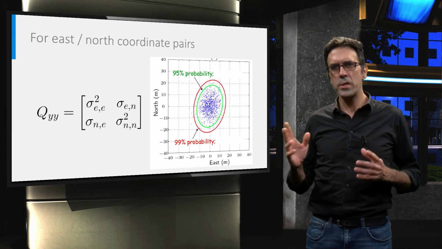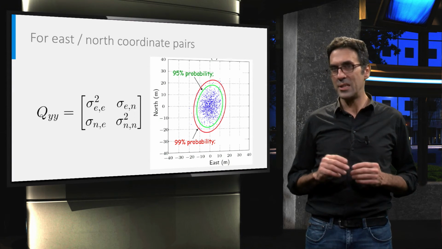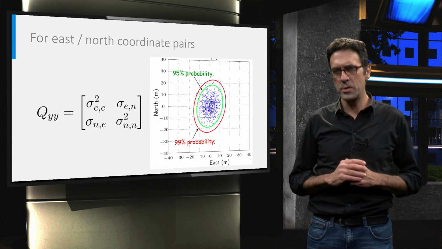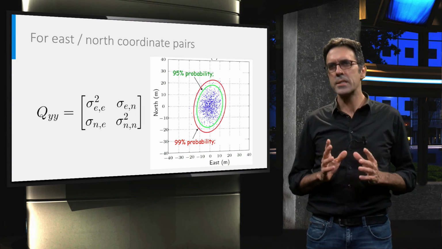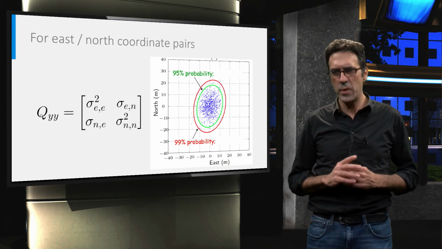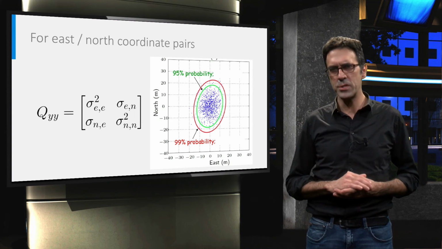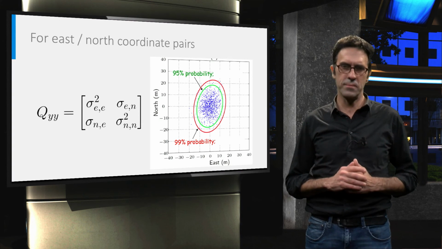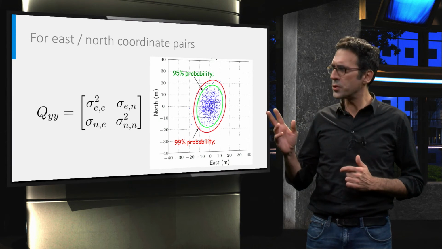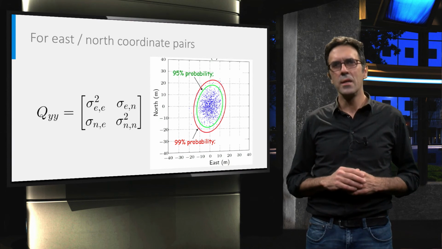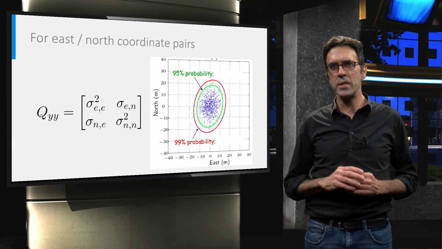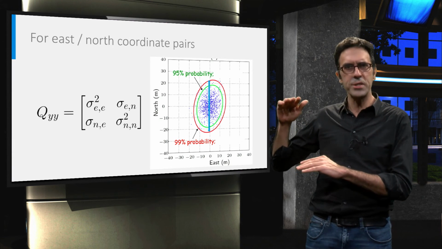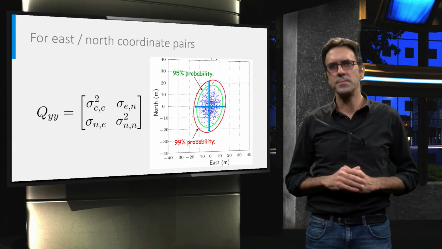For example, when the two variables represent the east and the north coordinate of a certain point, in this case, the covariance matrix gives us information on the distribution of points, or the likelihood that a point is within a certain range. From the distribution in this figure, we see that the range of variation is larger in the north-south direction than in the east-west direction.